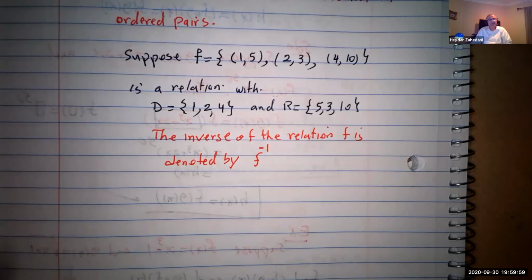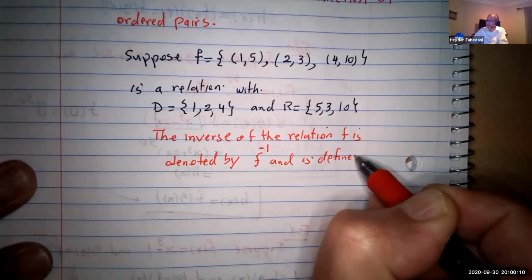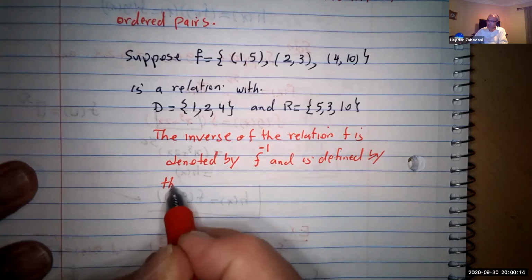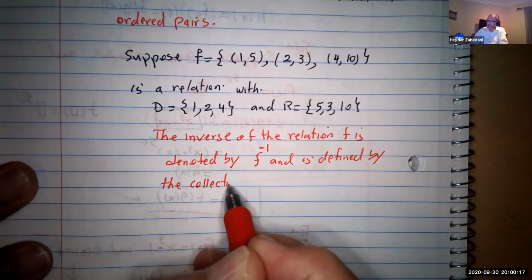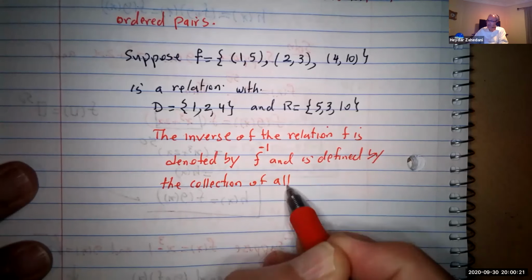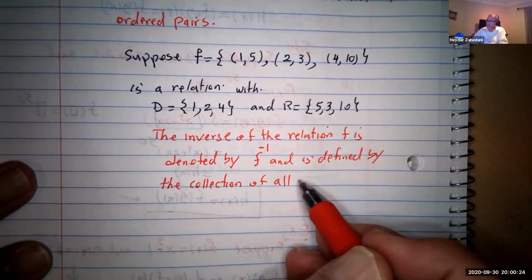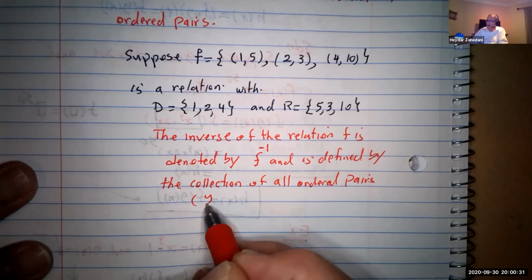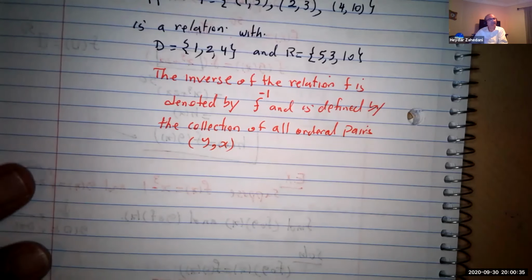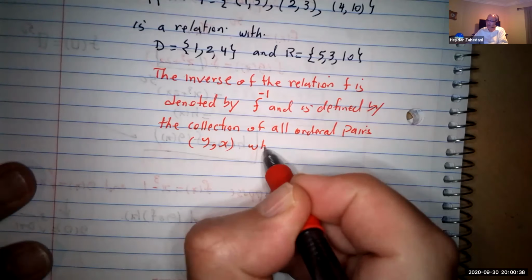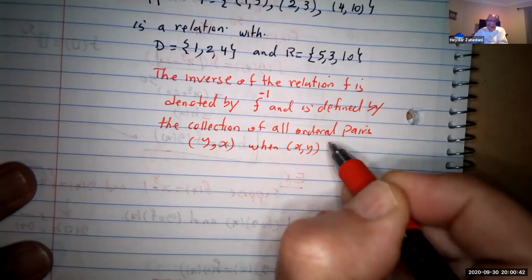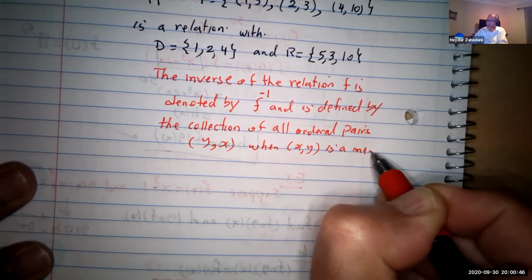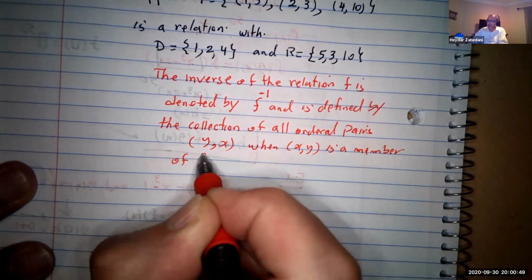Okay, the inverse of the relation f is denoted by f inverse and is defined by the collection of all the ordered pairs (y, x), not (x, y), when (x, y) is a member of f.